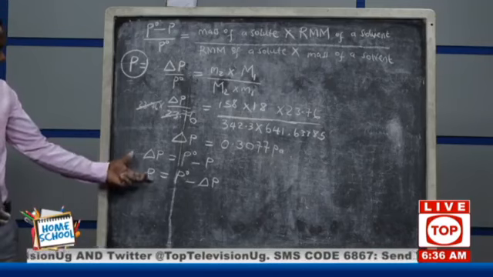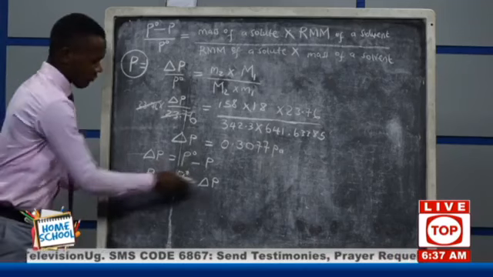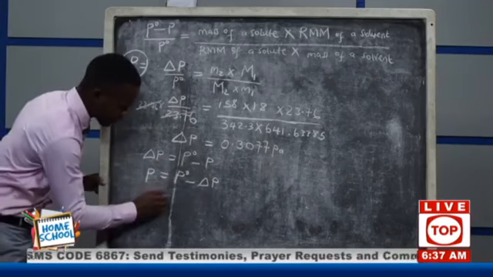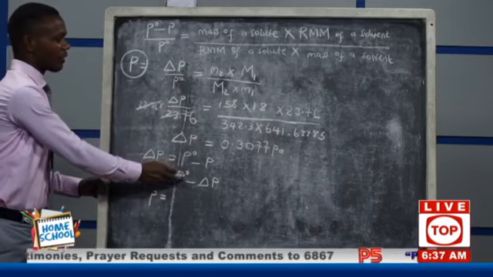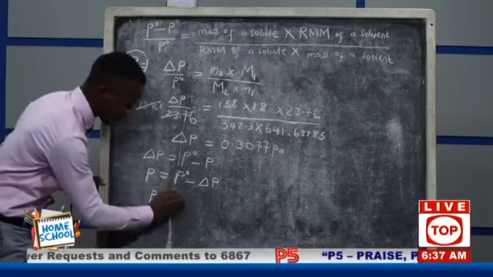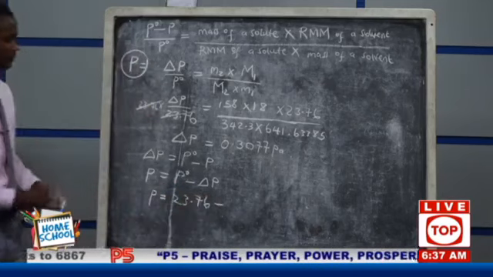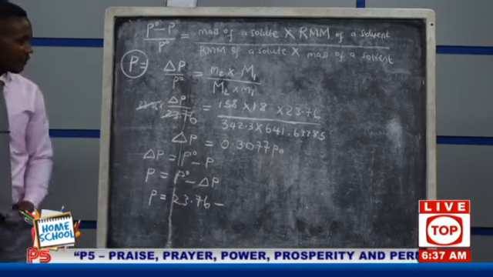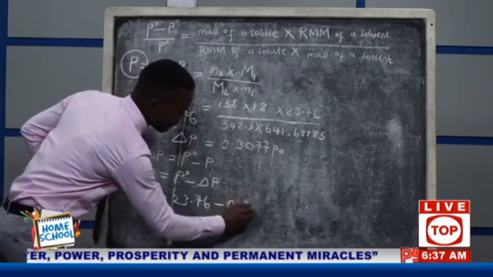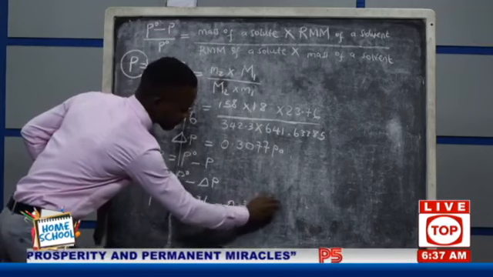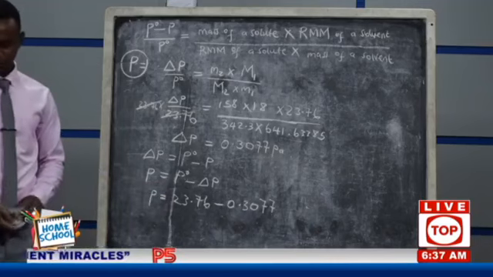Remember, we are dealing with A-level chemistry. So here, having got this one, we shall be able to say P is equal to vapor pressure of the pure solvent, which is 23.76, subtract the change in vapor pressure, which is 0.3077. Okay? This is what we have.